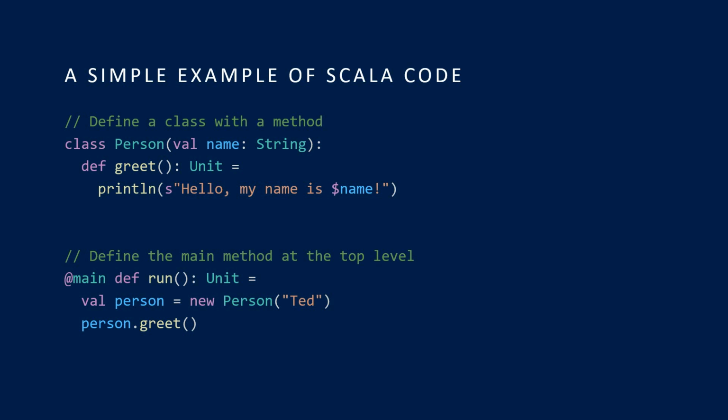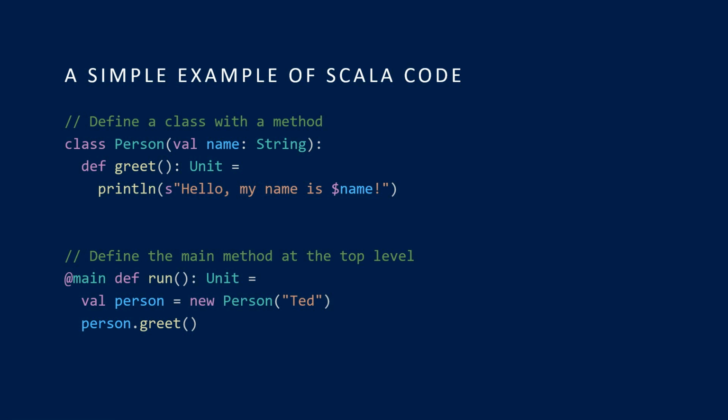Okay, so we'll start off with a really simple example here. We've just got two things going on. We're going to define a class with a method and then define a main method. This is an area I had fun and games with, again, with this Frankenstein code, whereby this is the form for Scala 3, but you can do Scala 2 form and other variations in between, and the Scala 3 environment will still quite happily handle it.